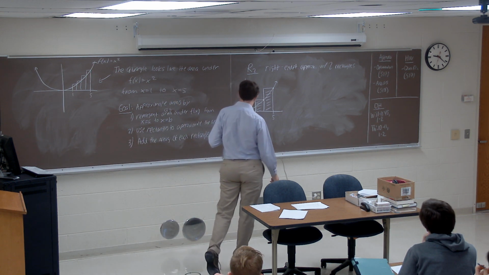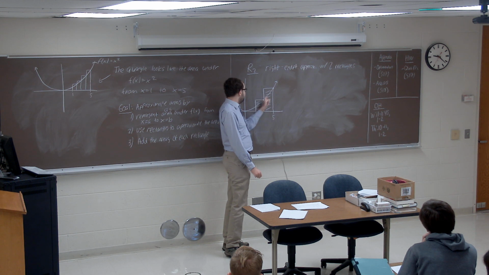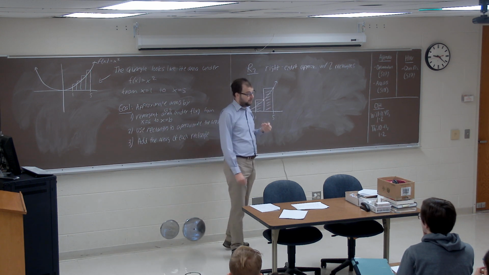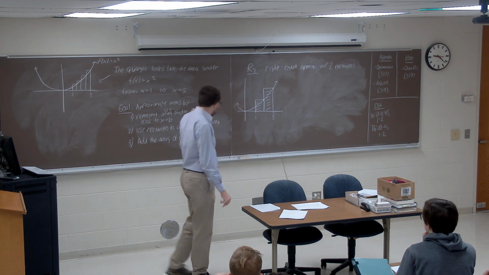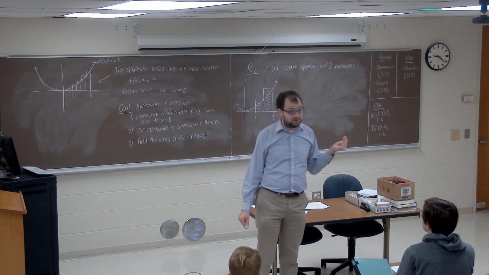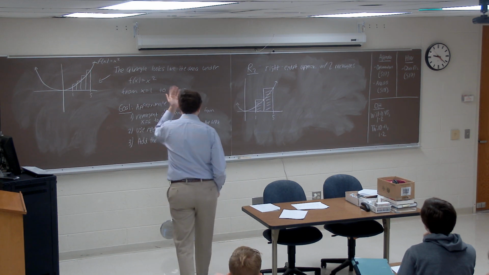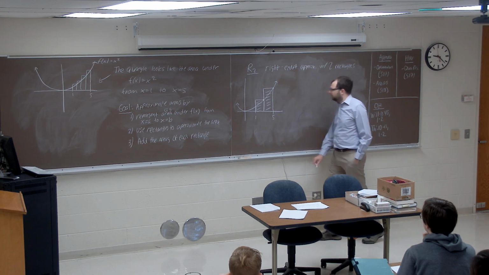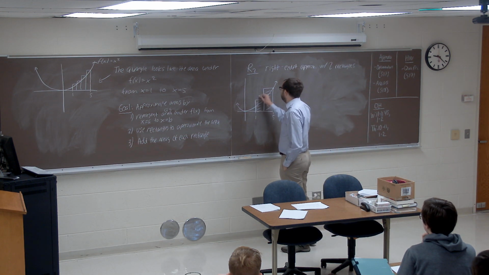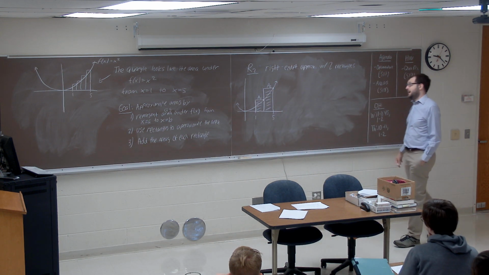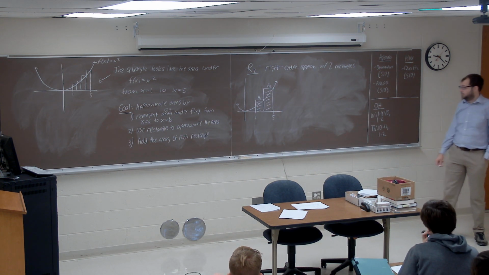Our top right corners, though, both happen to lie on the actual function itself. And we'll contrast that in a minute when we do a left endpoint approximation, where the left endpoints of the rectangles will match up. So I'm going to call this rectangle's area, area 1, and this rectangle's area, area 2.